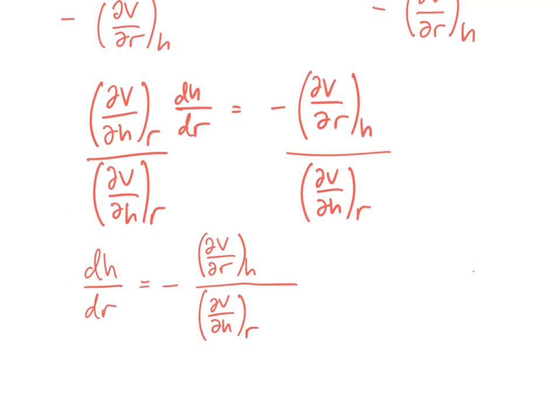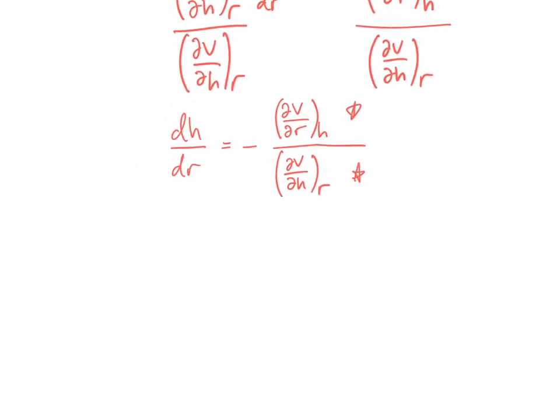Okay, now why don't you go ahead and try to calculate these two derivatives. So pause the movie for a few minutes and go ahead and give those a try.